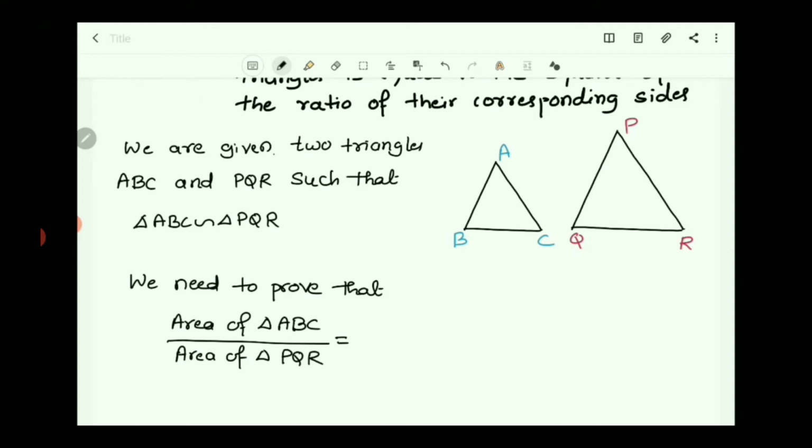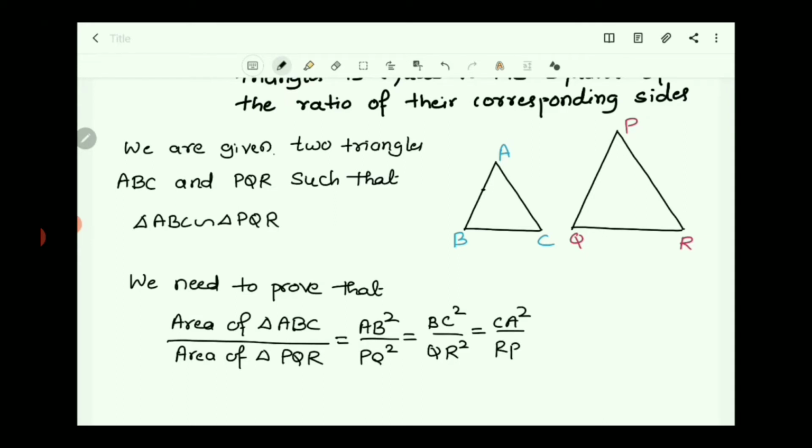You can take AB and PQ. So you can write AB square by PQ square. And two more pairs of corresponding sides are there. Let us take BC and QR as the second pair. So it is equal to BC square by QR square, which is equal to CA square by RP square.